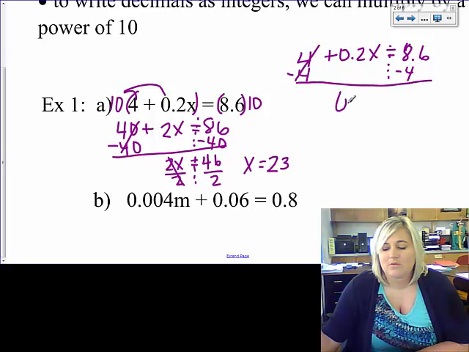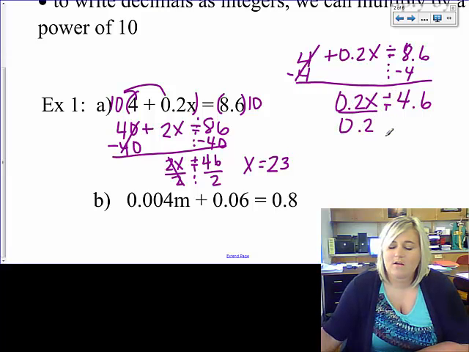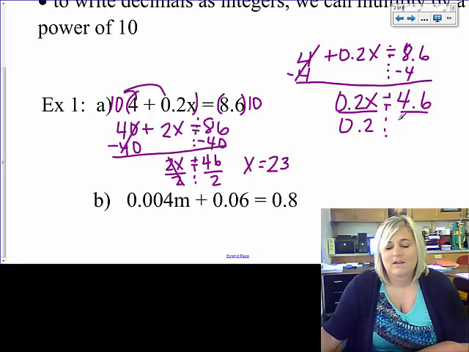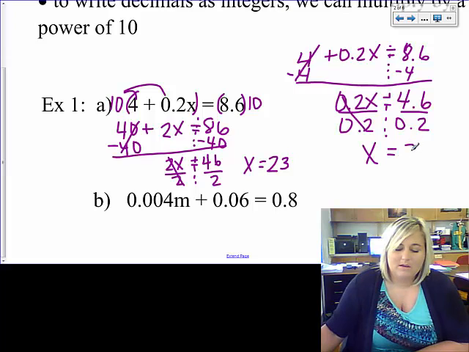I have 0.2x equals 8.6 minus 4 is 4.6, and then again I have to divide because these are being multiplied, so I have to do the opposite, so I'm going to divide by 0.2. What I do to one side of the equal sign I must do to the other side. That will cancel out, leave me with x equals, once again same thing, 23.